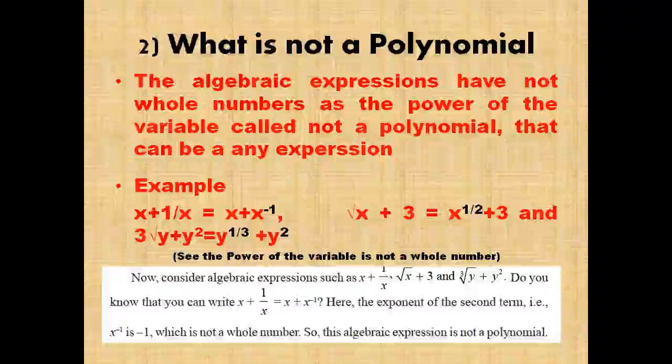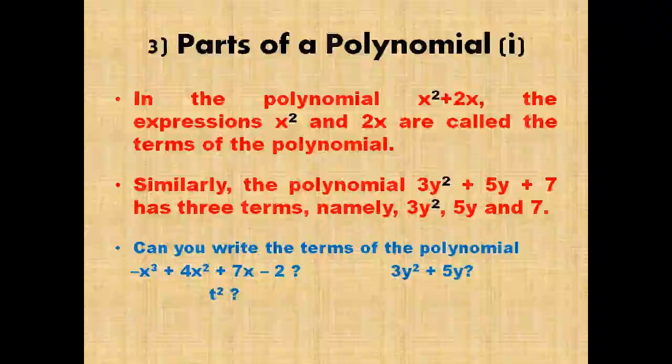Any variable or constant bonded with multiplication or division is considered one term. But terms bonded with plus or minus, sum or difference, are considered different terms. So the example x squared plus 2x has two terms.